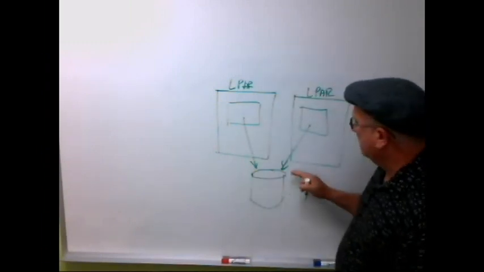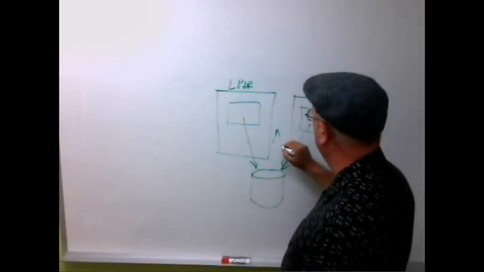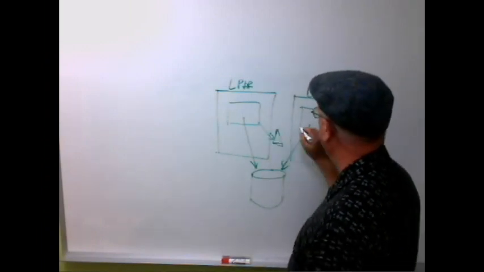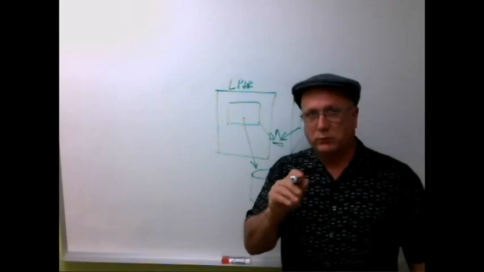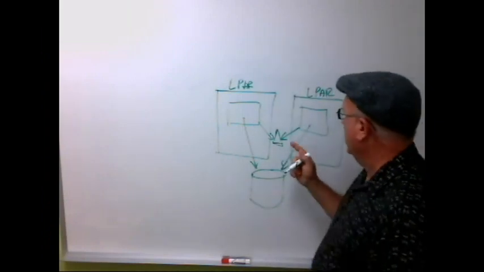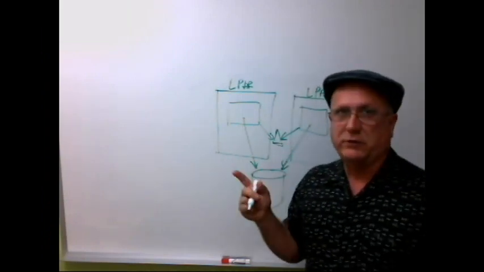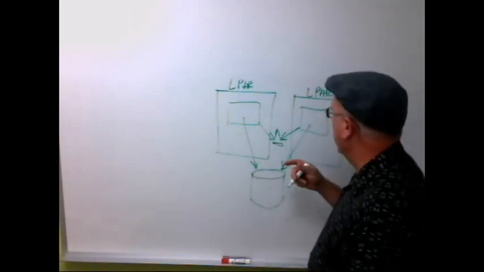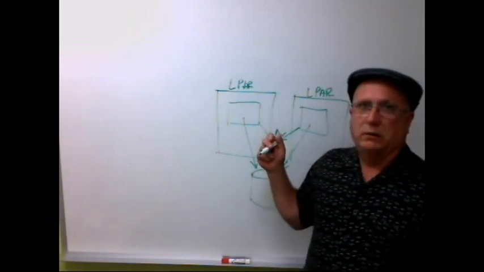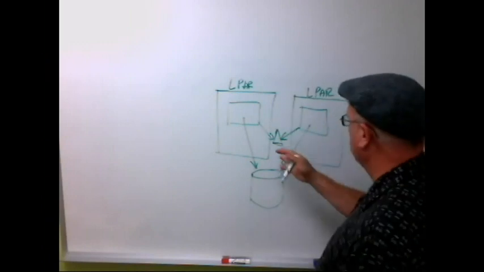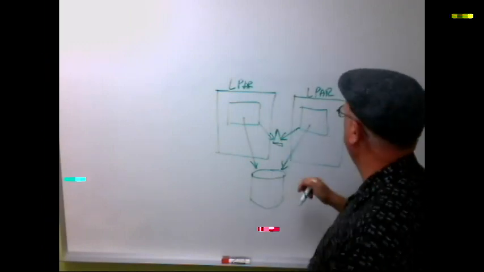Now, all the synchronization that occurs in here is all done by way of the coupling facility. There are three structures that go in this, and we'll go into this a little bit more in detail. But there is a group buffer pool, there's a lock structure, and then there is a shared communications area. And again, we'll get into some of the things that deal with this.